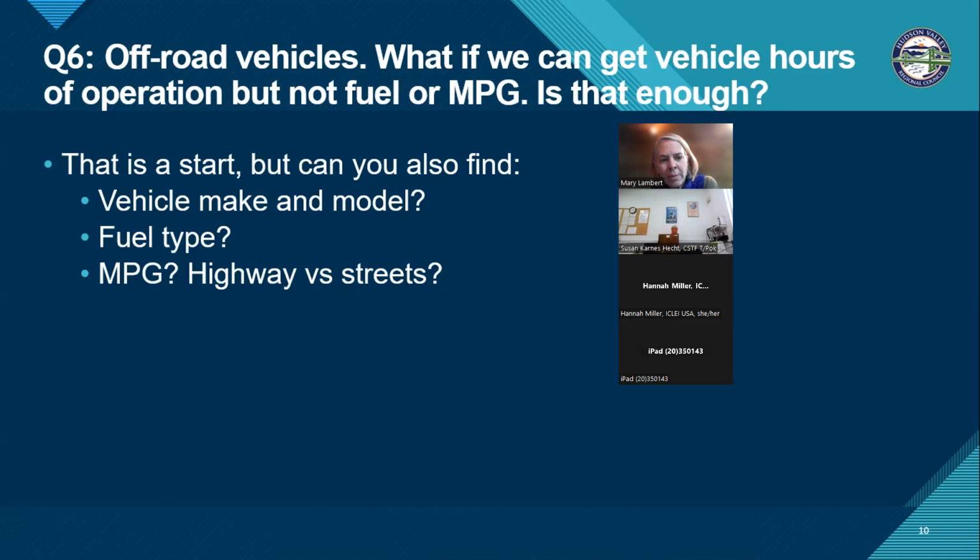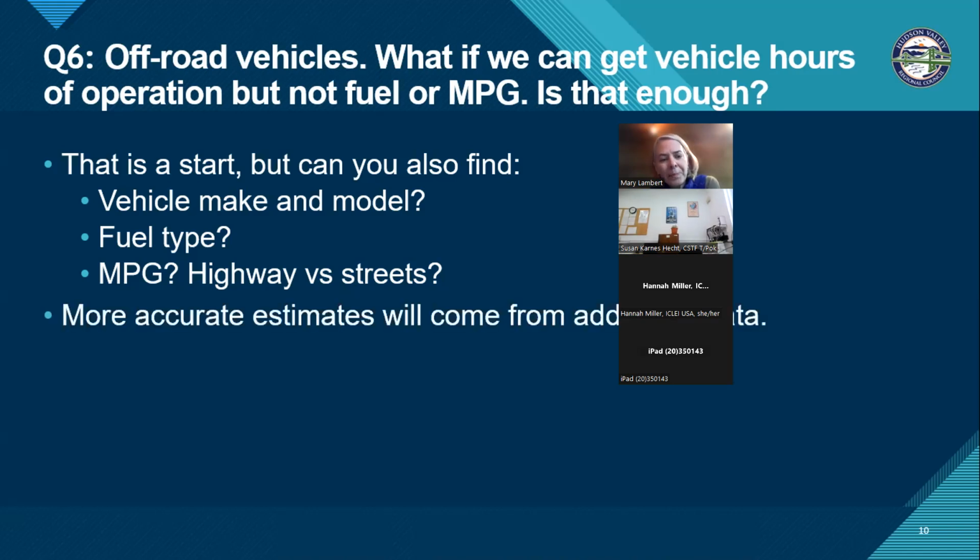So for instance, the vehicle make and model, the fuel type, miles per gallon on highway versus streets. And obviously you can get more accurate data if you can get this additional data.